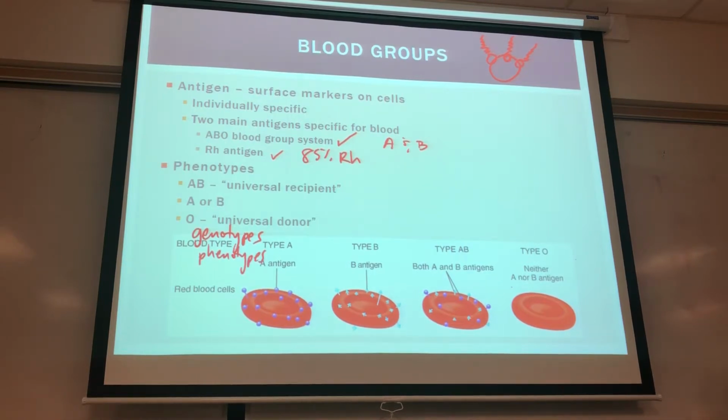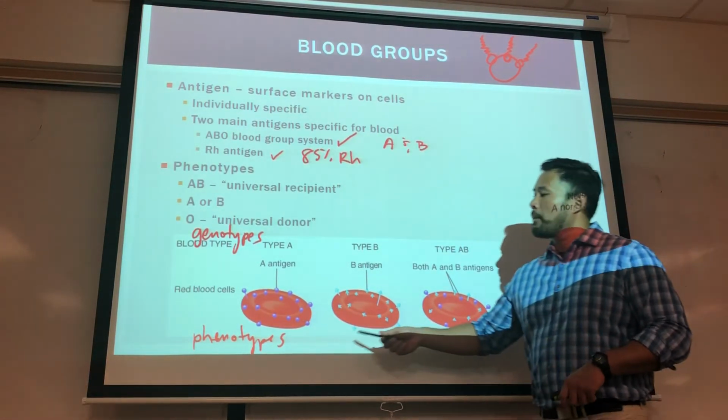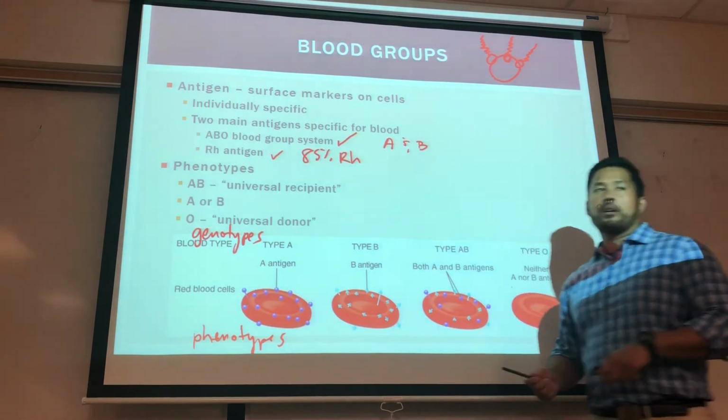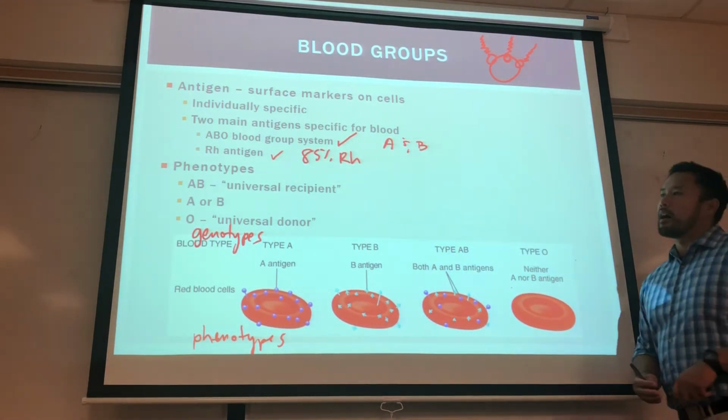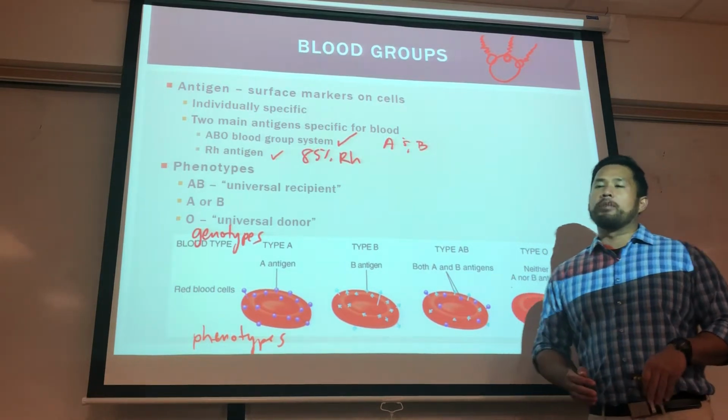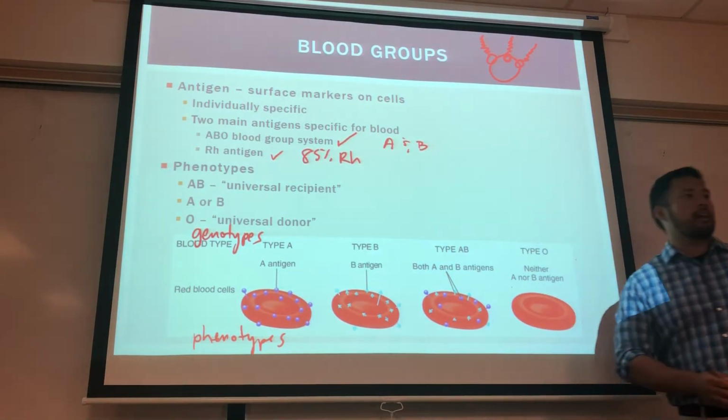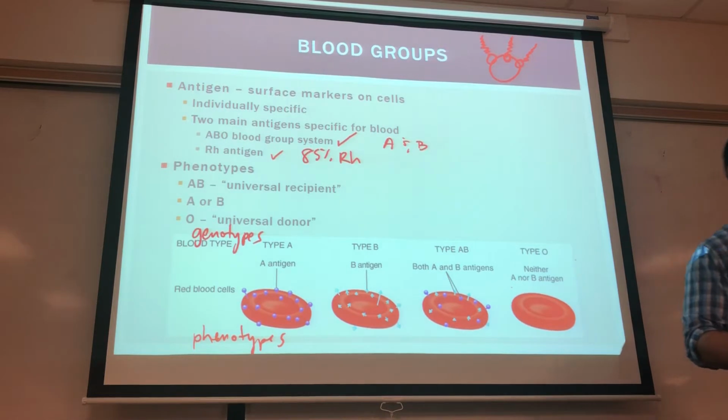Genotypes are what you carry, and phenotypes are what are expressed. To give you an example, take the gene for black hair, as well as the gene for blonde hair. I'm thinking of Game of Thrones while I think about this.